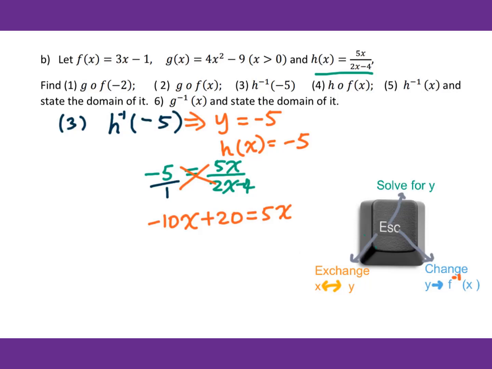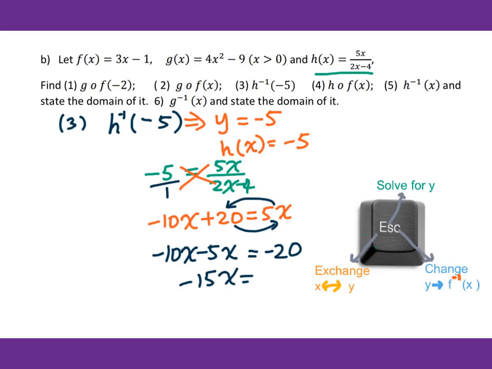Linear function, isolate the variable on one side. So we get -10x minus 5x equals -20. Remember, cross the equal sign, you need to change the sign. So we get -15x equals -20.